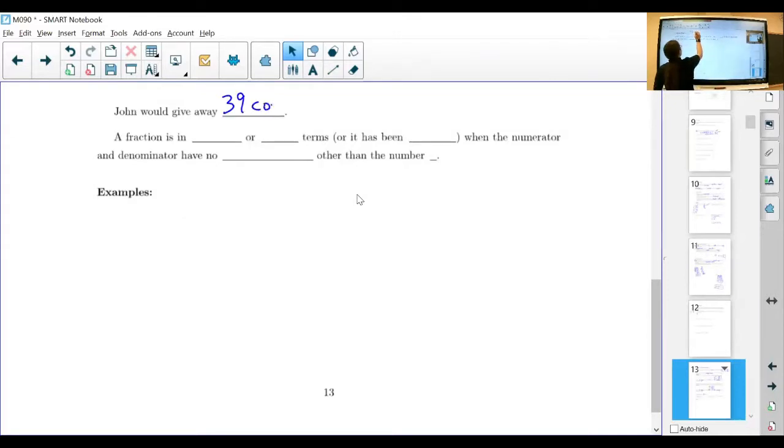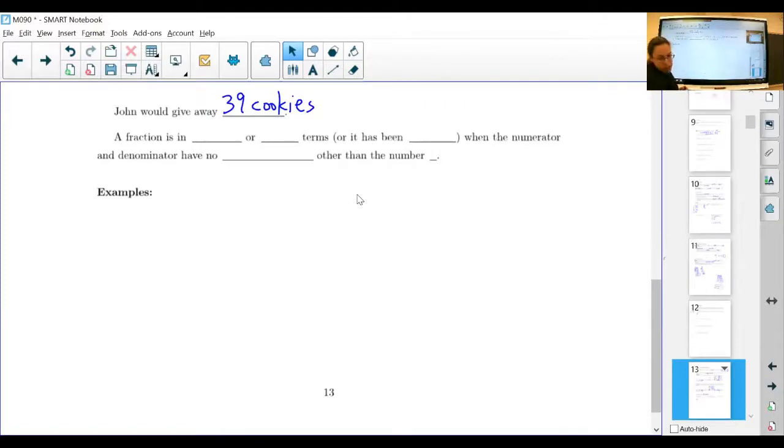Notice that we're putting our units in here, cookies. Putting in the units helps us make sure that we are doing something that is reasonable. If we said John would give away -2 cookies, well, you can't give away -2 cookies. So we want to have our units.